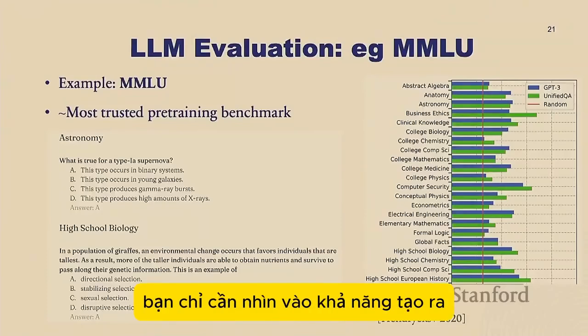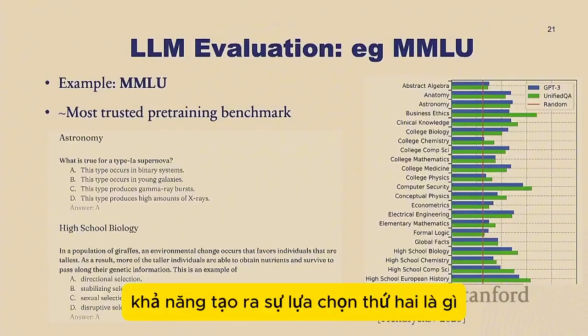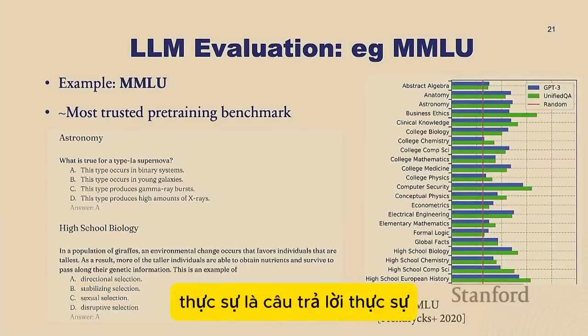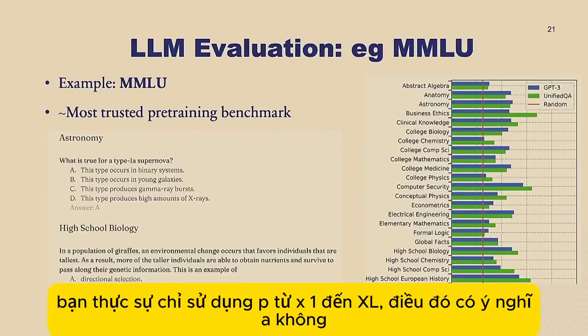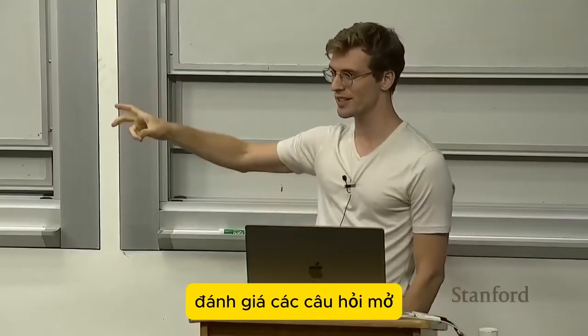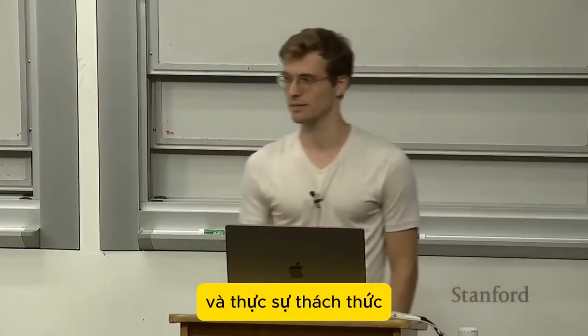You just look at what is the likelihood of generating all of these words, what is the likelihood of generating the second choice, and you just look at whether the most likely sentence is actually the real answer. So you don't actually sample from it, you really just use P of X1 to XL. Does that make sense? That being said, evaluation of open-ended questions is something we're going to talk about later, and is actually really important and really challenging.